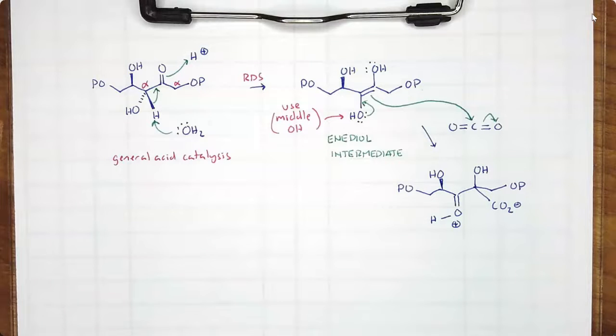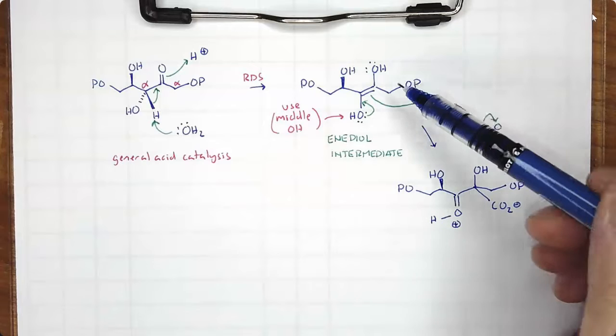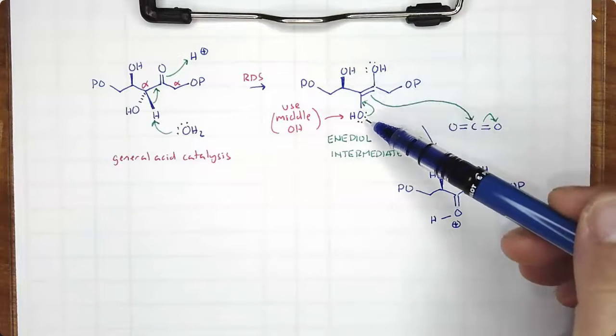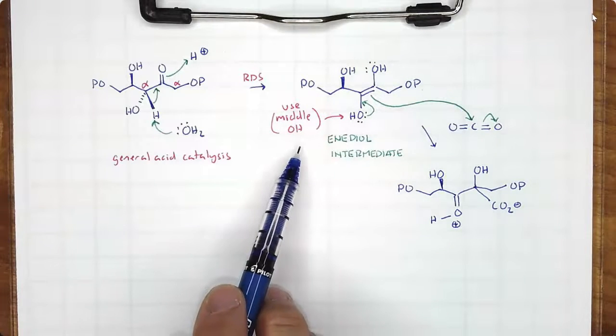Okay, this might actually be shorter than I expected, but in the second step, that's when we incorporate the carbon dioxide. Now, I am remaking a carbonyl group, but I had to choose between this OH or this OH. Choose the one in the middle.